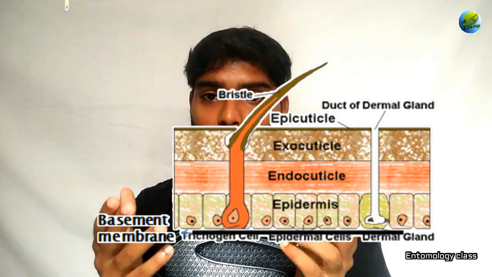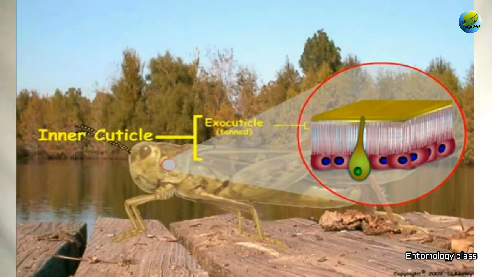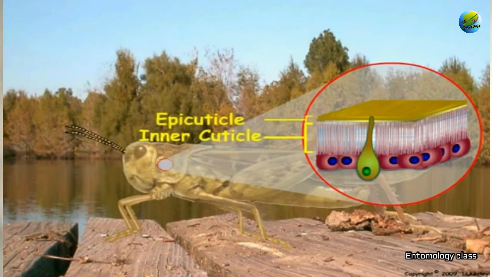In the insect epidermis, there are secretory cells which secrete the insect's cuticle on the outside. The next layer is the insect cuticle, which is also divided into parts: the endocuticle, exocuticle and the procuticle. The exocuticle and endocuticle put together are called the procuticle, and the external layer is known as the epicuticle.